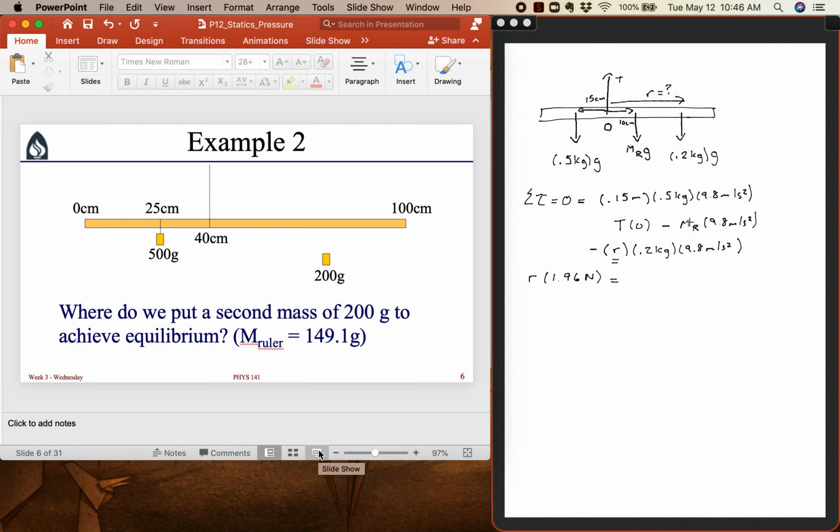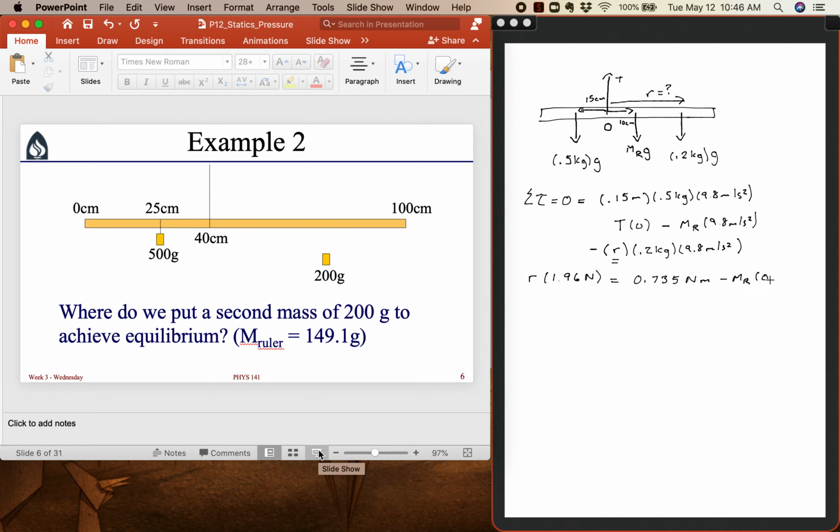So all of these things multiplied together is equivalent to 0.735 newtons times meters.